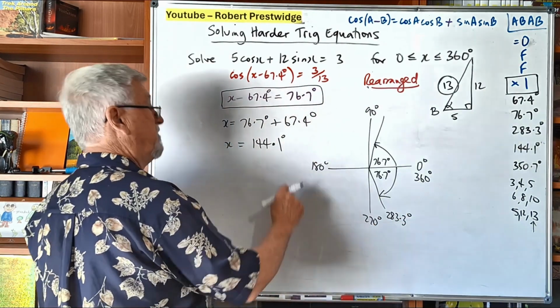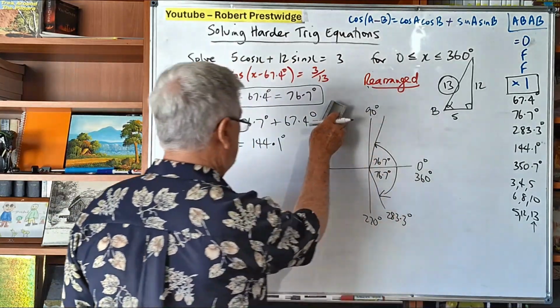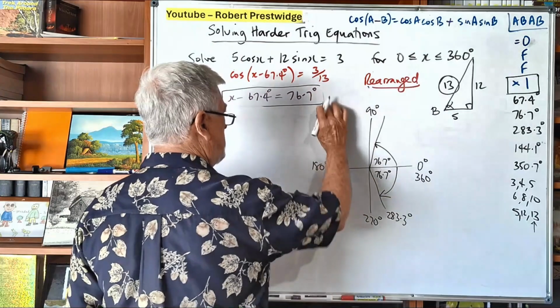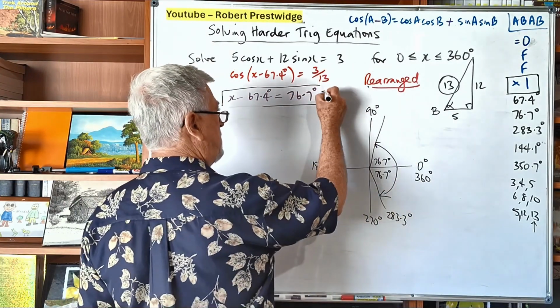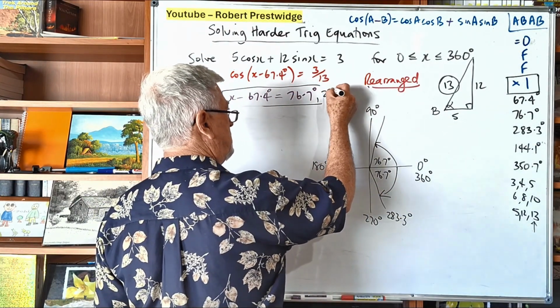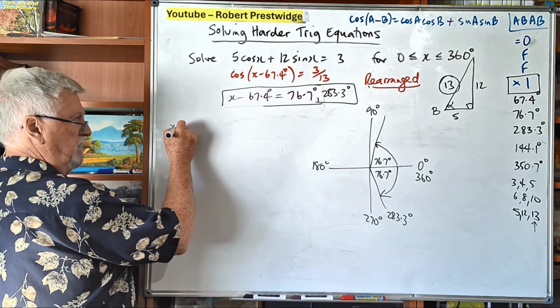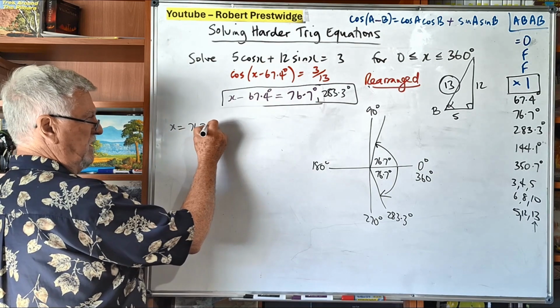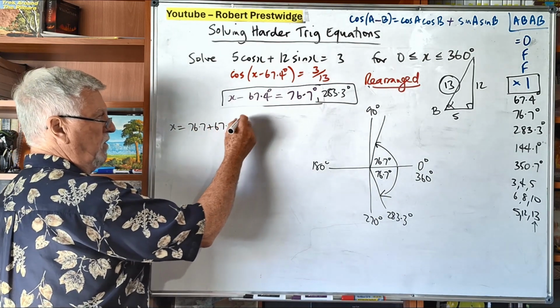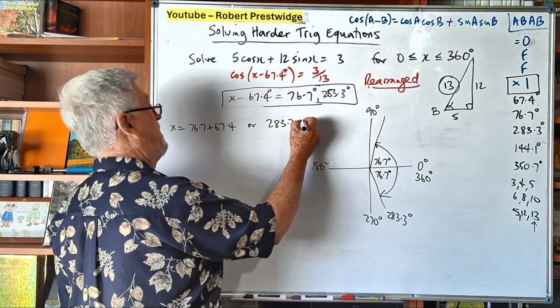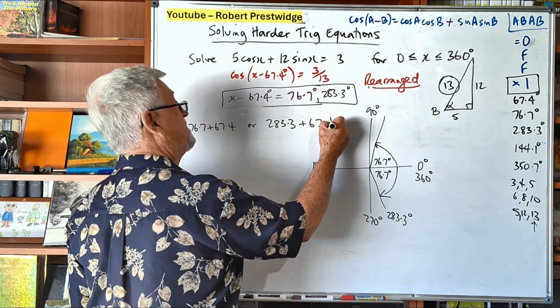So for my next answer, if I go back to here, there was more than one answer. The next answer takes place at 283.3 degrees. So what are my two answers now? The first answer was 76.7 plus 67.4, we're adding that to it. The other answer is 283.3 plus 67.4.